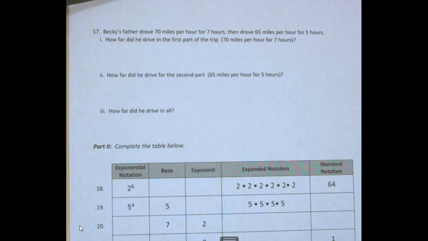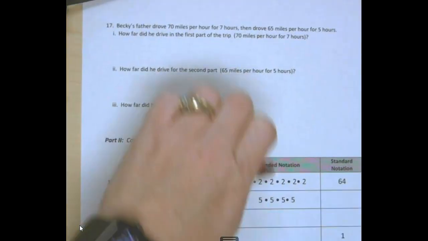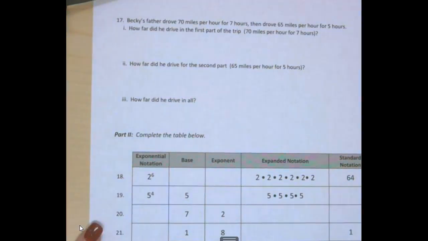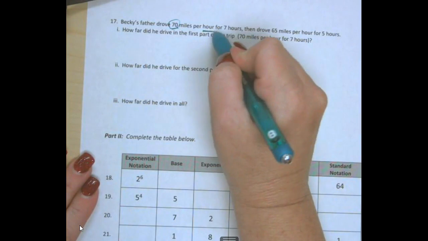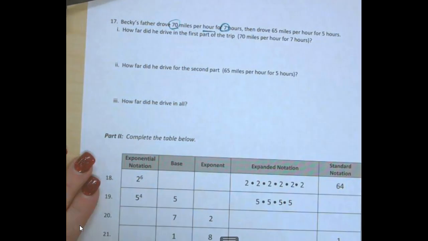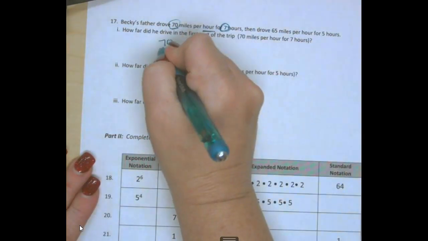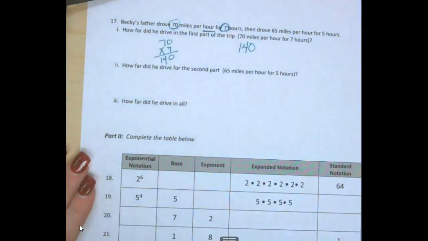Becky's father drove 70 miles for 7 hours. Then he drove 65 miles for 5 hours. How far did he drive in the first part of the trip? 70. So he drove 70 miles per hour for 7 hours. So how far did they go? So 70 times 7, and I get 140.